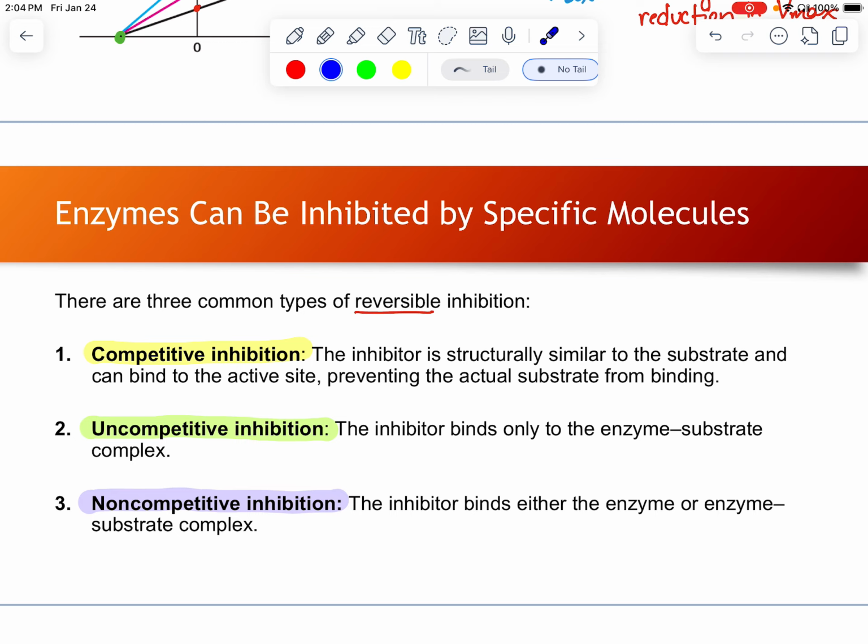All right. There's also one called mixed inhibition, which is kind of a combination of competitive and uncompetitive, and that's really a combination of uncompetitive and non-competitive, a little bit beyond the scope of the course. So we're not going to worry about that one.